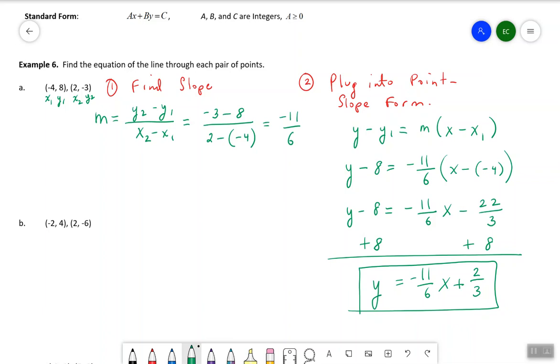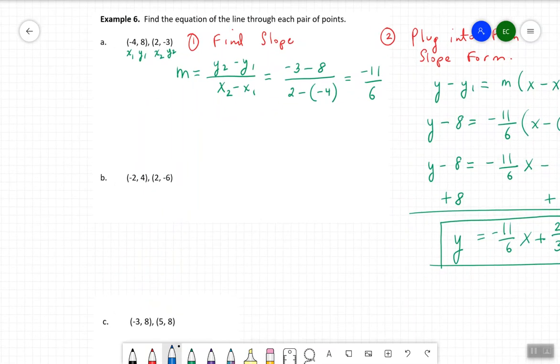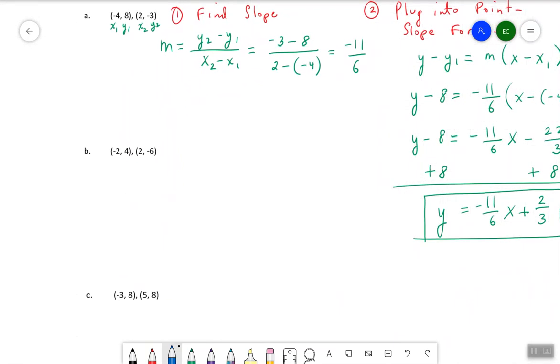Here's another problem, example 6b. It's very similar. This would be a great time to pause the video and try to do this problem for yourself. Okay, so once again, we're going to find the slope of the line first and then plug into point slope form.